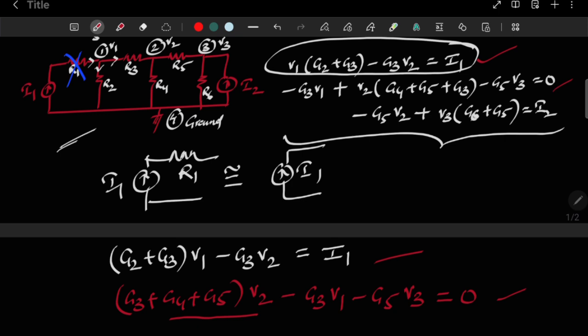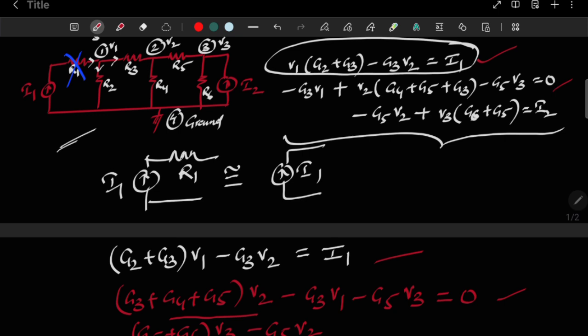Now the same approach we can do for node 3 also. So observe node 3 first. What are the conductances connected to node 3? The conductances connected to node 3 are G5 and G6. So start writing now. G5 plus G6 are directly connected to node 3, so I can write like this into V3. Then this G5 is also connected to node 2, so minus G5 into V2 will come.